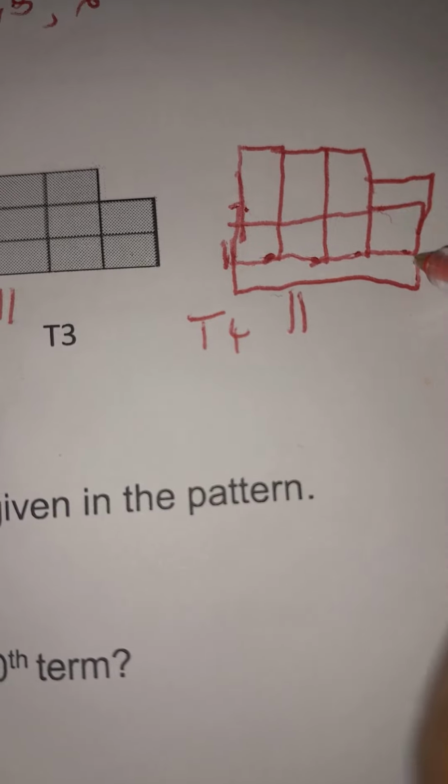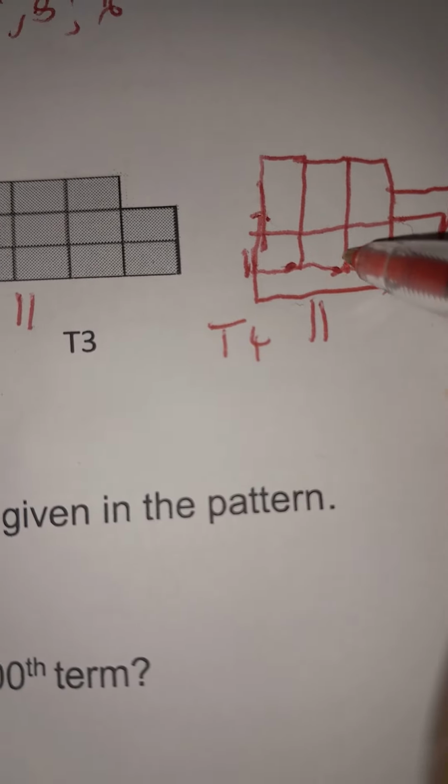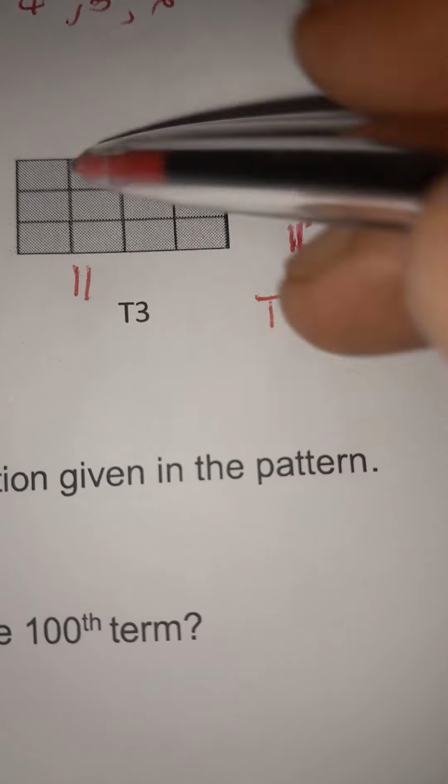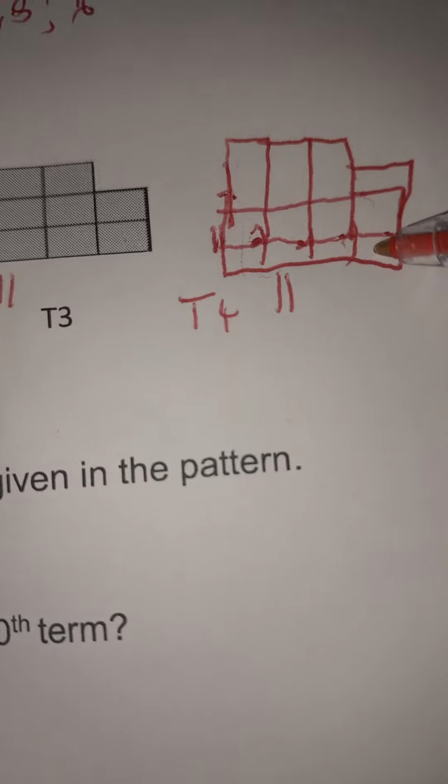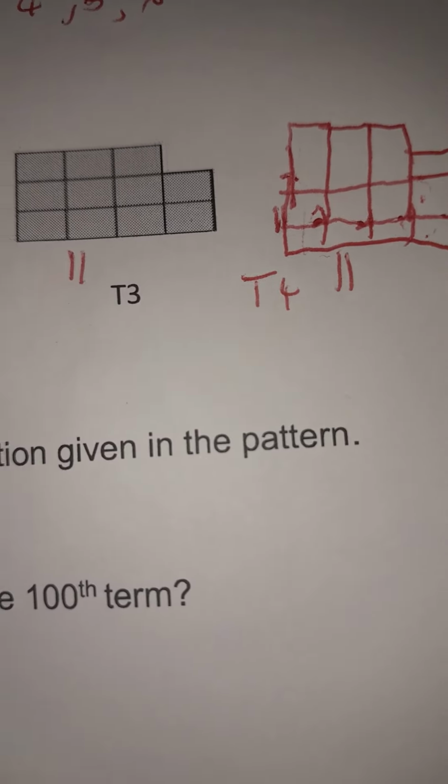Mine is ugly, I know it's ugly. I will continue from the one that has 11. So it's 3, 6, 9, 10, 11, 12, 13, 14. Yes, something like this.